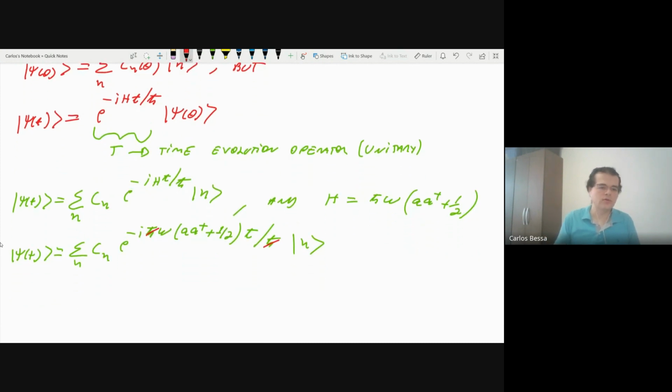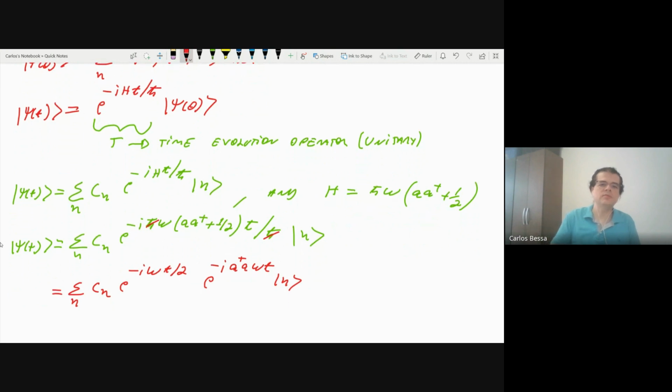And we'll have the sum over n of Cn exponential minus i omega t over 2, exponential minus i a dagger a omega t, n. Okay, so for each time t, this will be just like a constant.